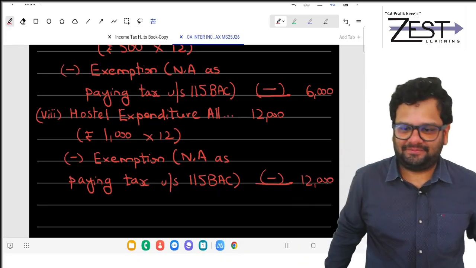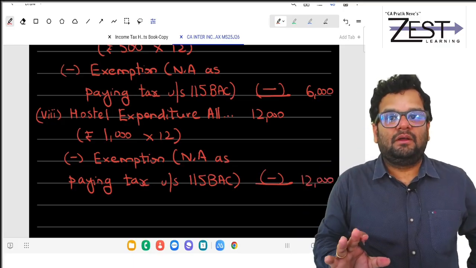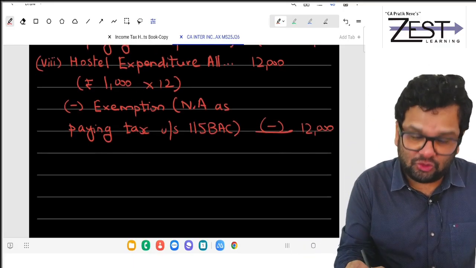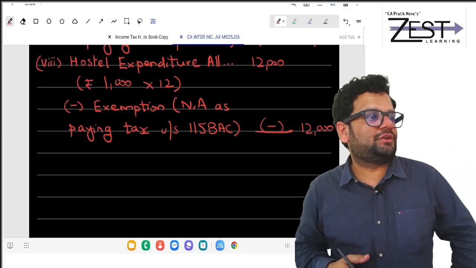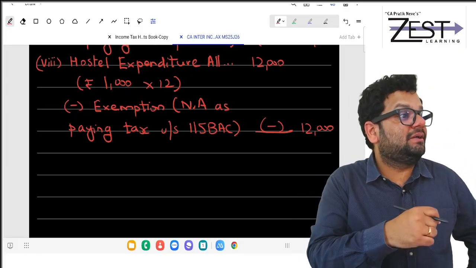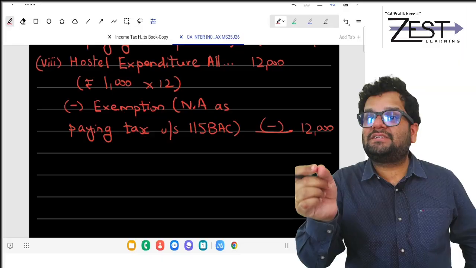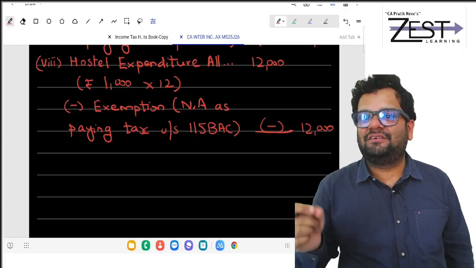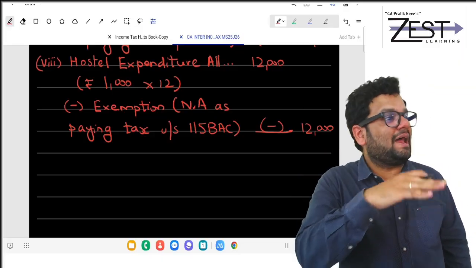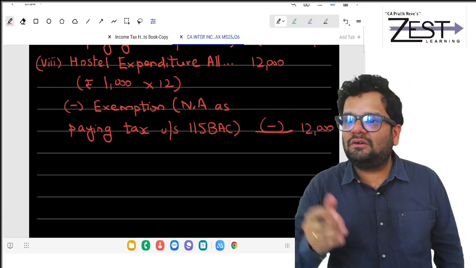What next? Profession tax. Usually, I wouldn't have taken profession tax here. It's not my income, it is my expense. But it is said that something is paid by your company. It is your liability, but it is paid by your company.